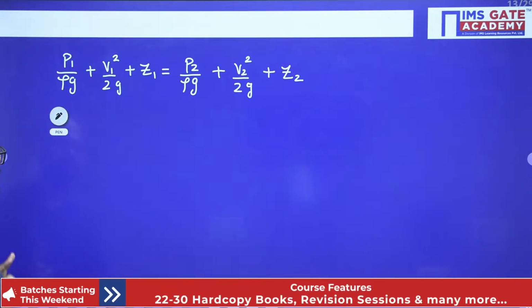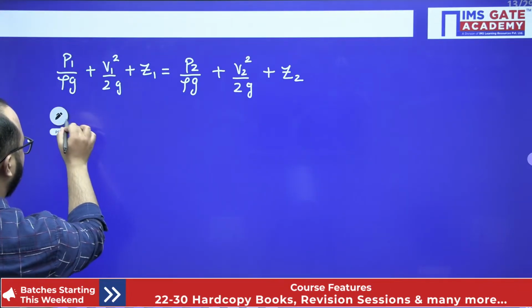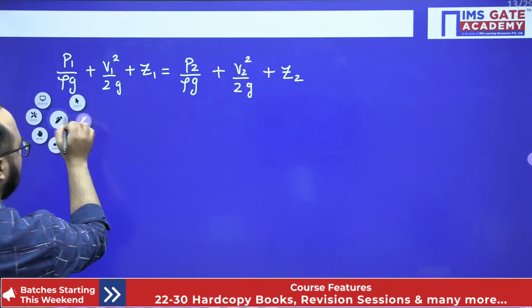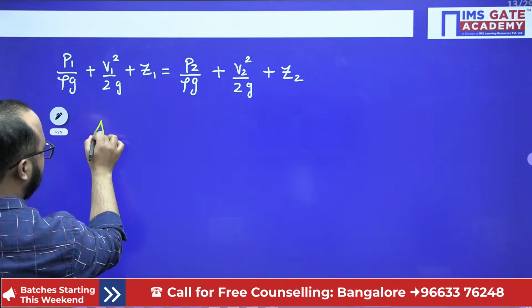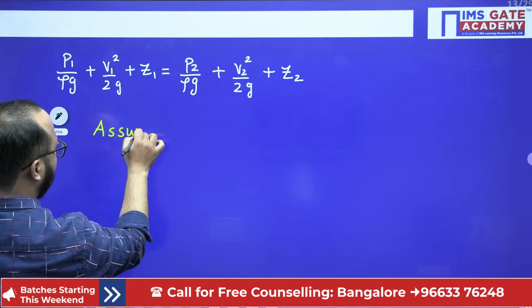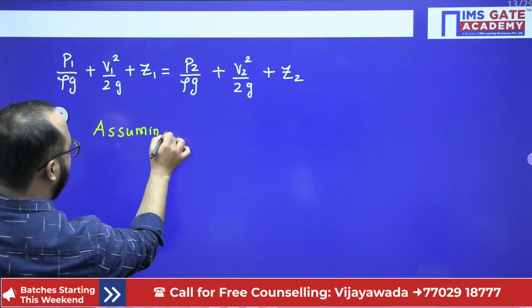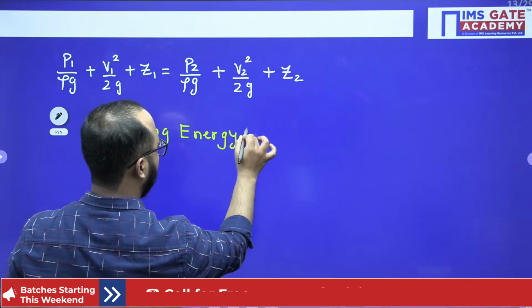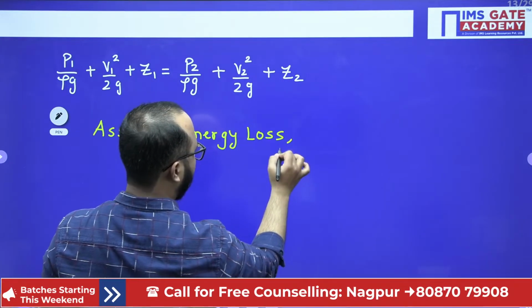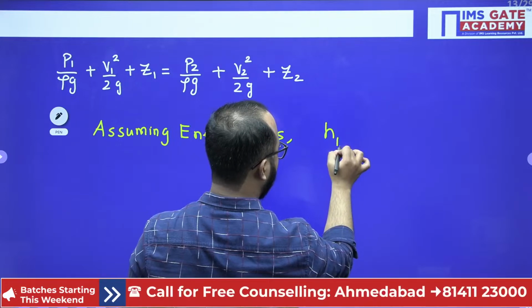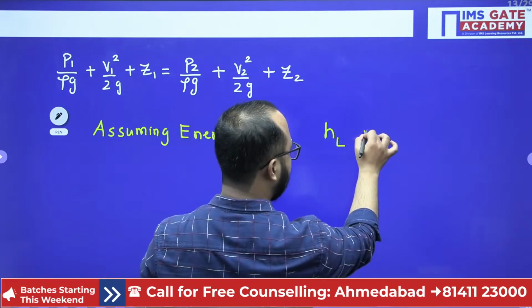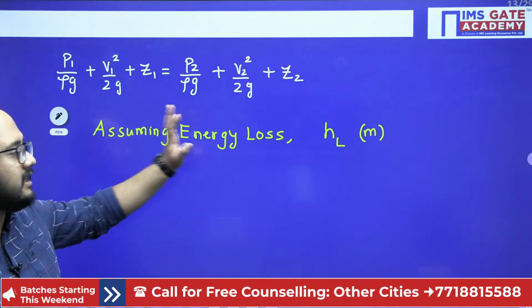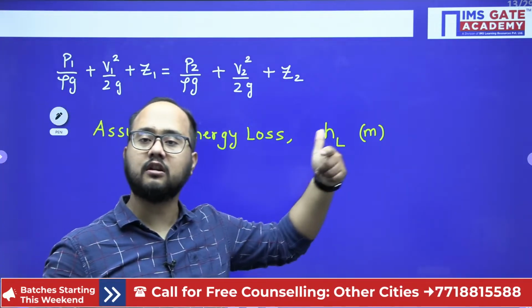Now, second case, here I am assuming the losses. How will I mention the losses here? Assuming energy loss represented by HL. Obviously, it is again a head, since we are mentioning the energies in terms of head, so we will mention loss of head.